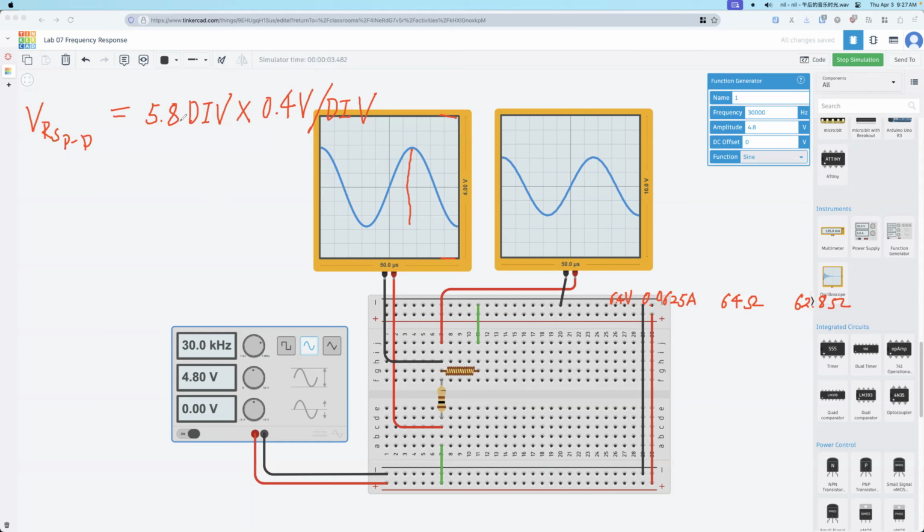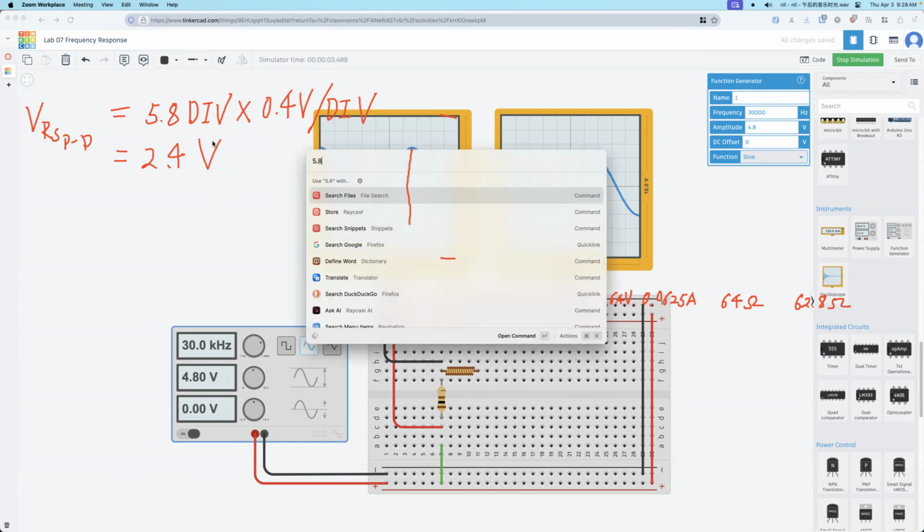Okay. Then for the multiplication, the result is 2.4. Let me double check. 5.8 times 0.4, 2.32. Okay, I did it wrong.